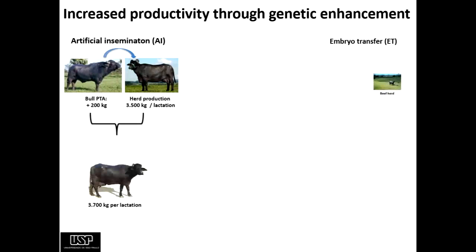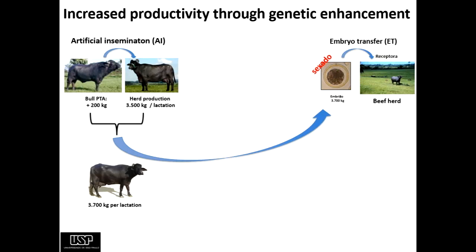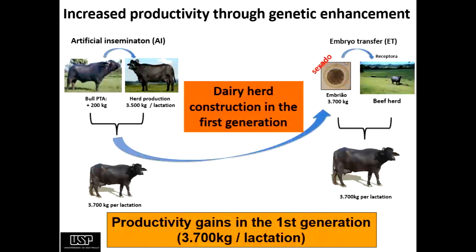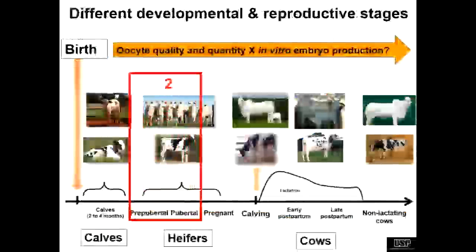You know that if you use a high genetic buffalo, and now the buffalo farmers give São Paulo University beef recipients, and we are introducing in these beef recipients high genetic calves, so we are identifying the best buffalo in Brazil, and in the first generation, we are building our herd in São Paulo University using 100% embryo transfer in calves. Why calves? Because we have the best genetic. So we are trying to have herds now with high genetic using this technology in São Paulo University.